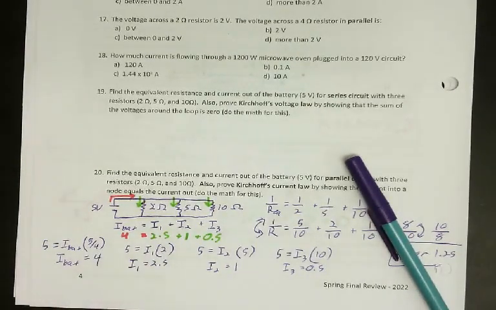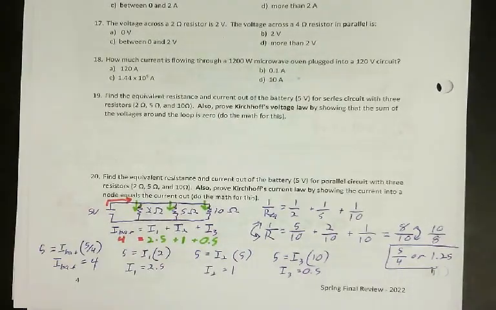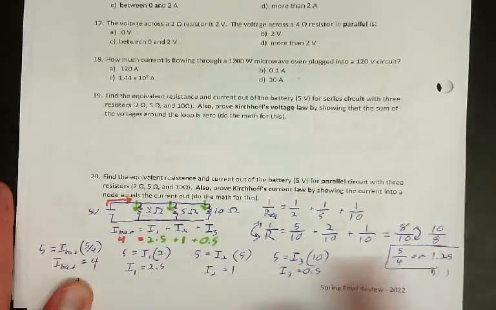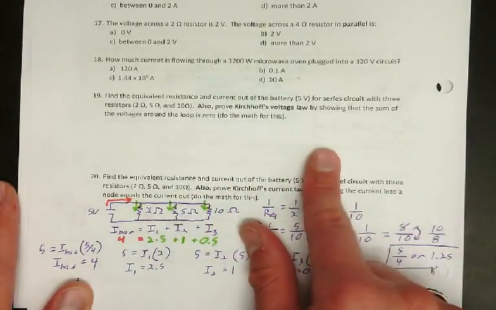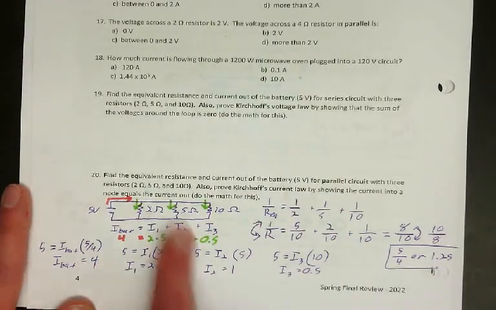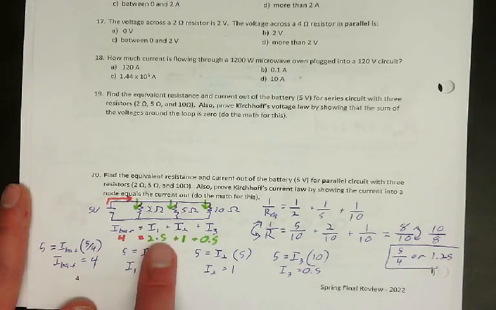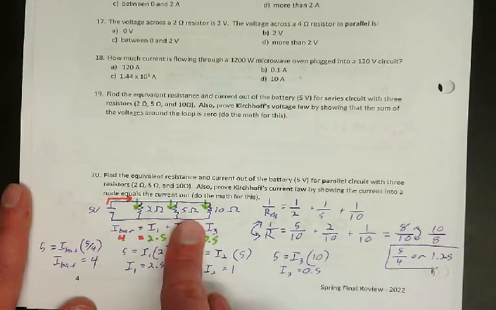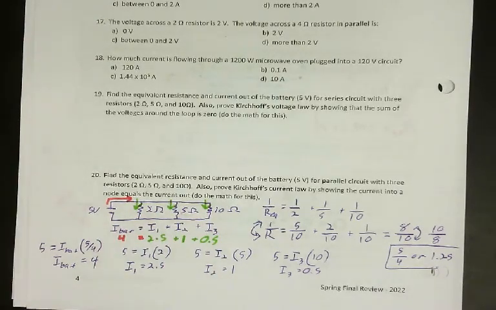Okay, as I mentioned, the problem would not be this bad on the test. What I would do is I would give you a problem like this, where you had to do equivalent resistance for parallel. And then I would give you a second problem where you would have to find the individual currents or voltages or resistances of the values. Okay? So you may have to use Kirchhoff's law.